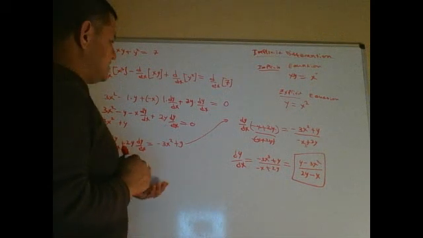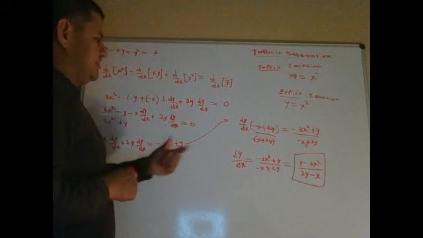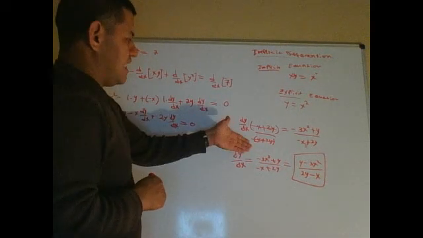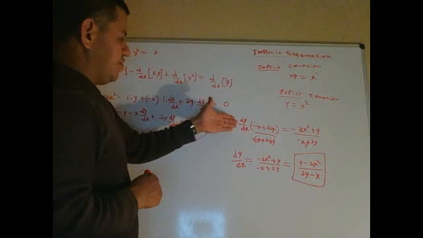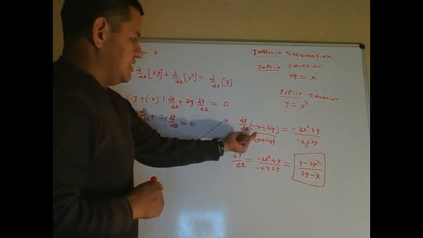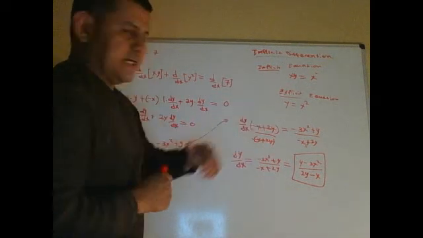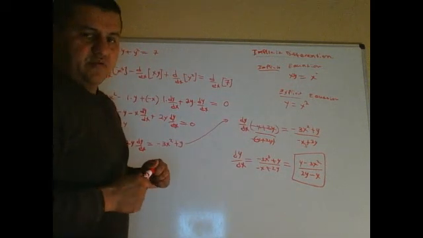It's not too bad. It just requires a little algebra because you have to solve for dy/dx, so you have to divide by whatever you got. In this case, we had to divide by negative x plus 2y on both sides. So it's not really bad.